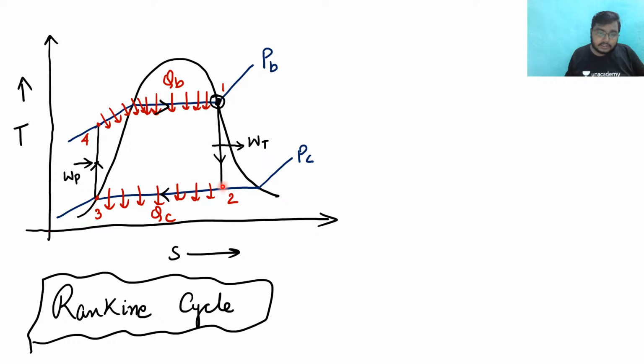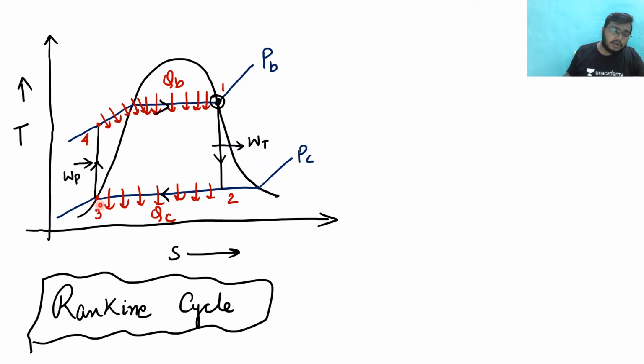Once the turbine has done the work, you use the condenser, and the condenser is rejecting the heat. Now it has reached state 3. And what is state 3? State 3 is the lower pressure, that is the pressure of the condenser.